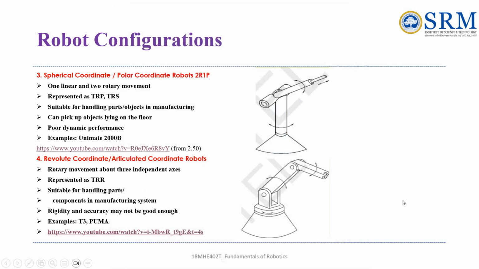So these are about the revolute coordinate robots. So we have a rotary movement about 3 independent axes, X, Y, Z.